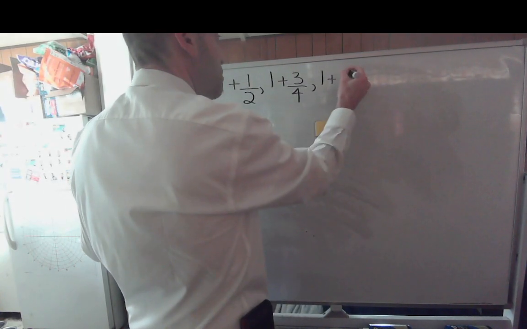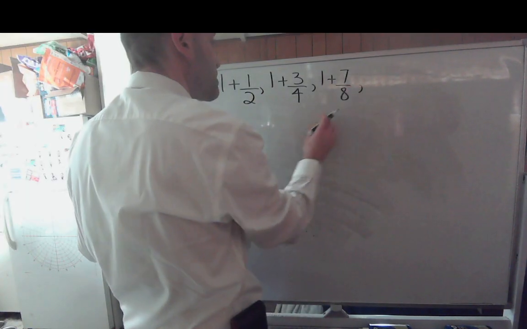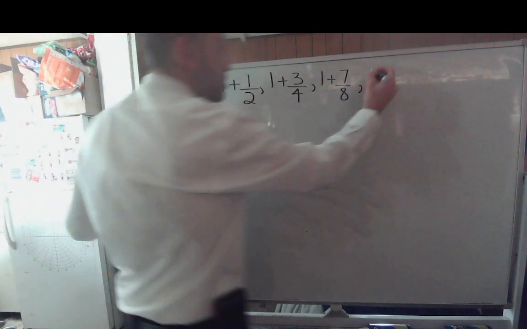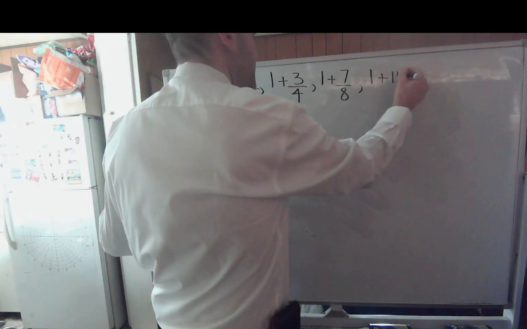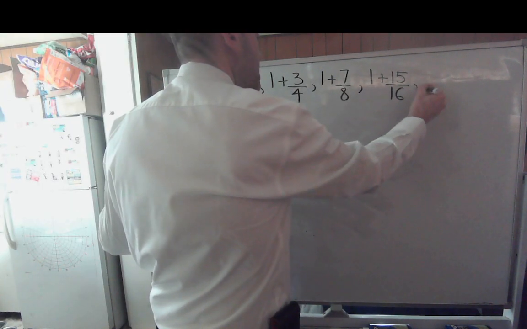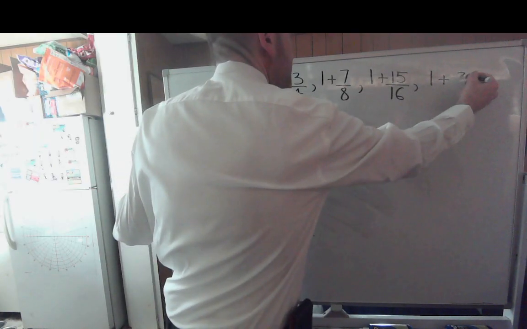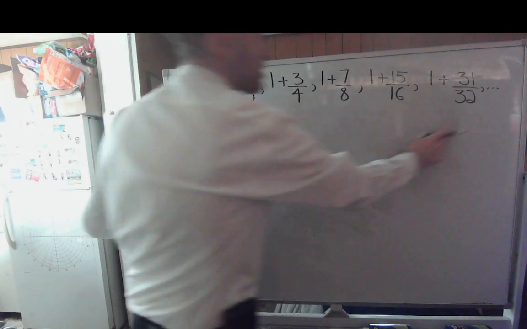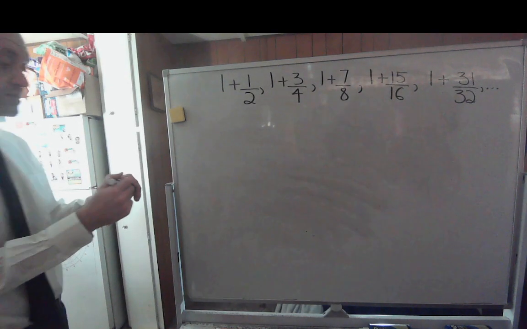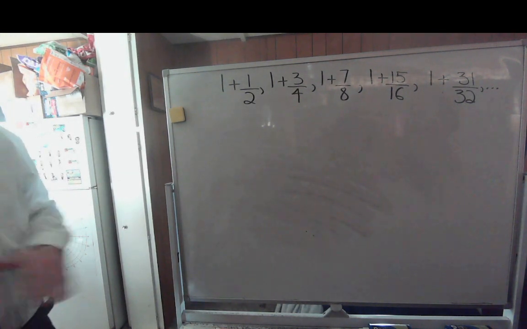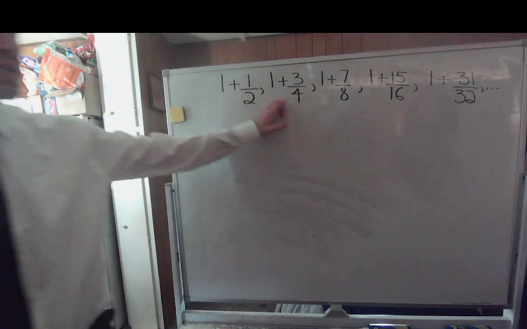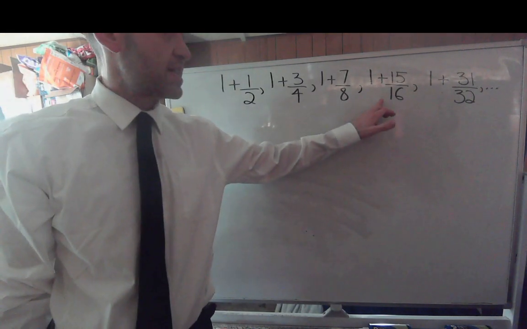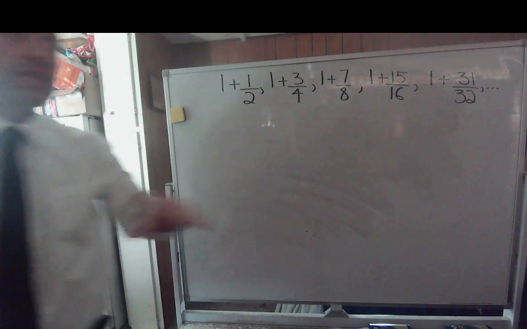It's actually going to be 1 plus 7/8, 1 plus 15/16, 1 plus 31/32, and it just keeps on going till infinity. So in this sequence you have 1 plus 1/2, 1 plus 3/4, 1 plus 7/8, 1 plus 15/16, and then 1 plus 31/32.